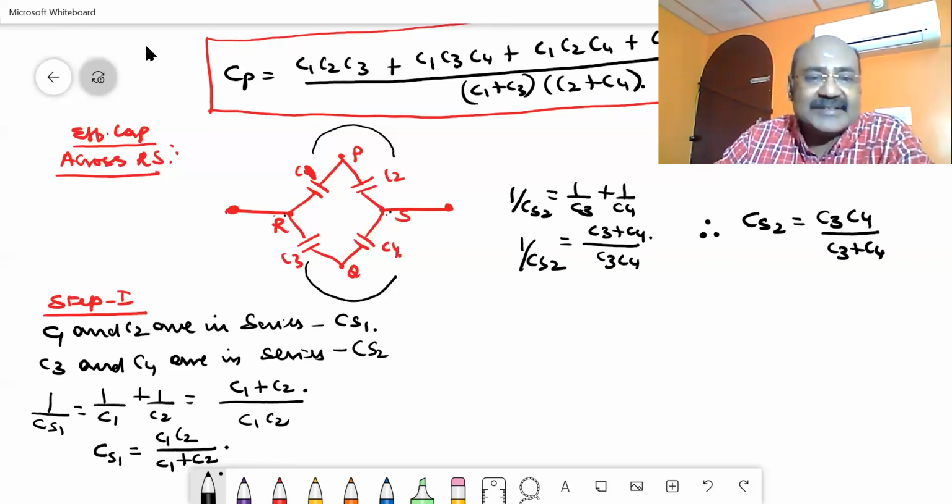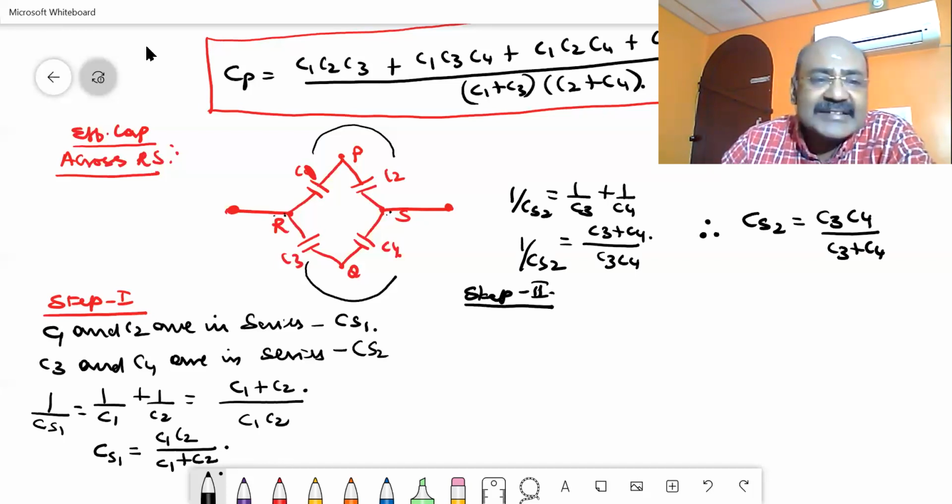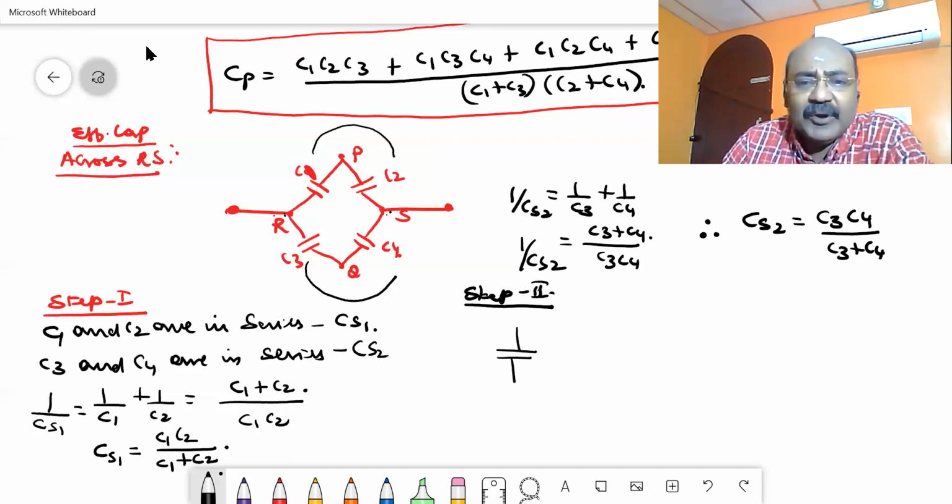Now, let us go for step 2. What is step 2? You can draw the diagram. CS1 will be here, and at the bottom you will have CS2.